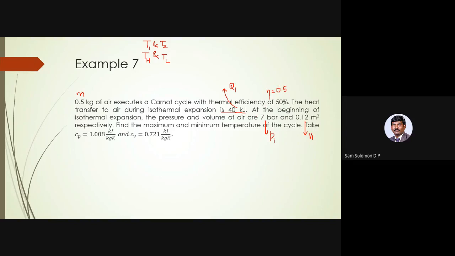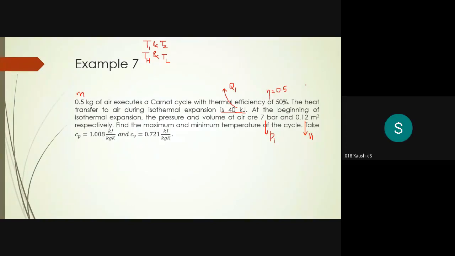Heat supplied is given, so you can find work done, and then using that, even that is not necessary. If one temperature is given, 1 minus T2 by T1 gives the efficiency. If T2 is given, then T1 can be found out. But in this case, both temperatures are not known to us. So is there any other way by which we can find this?